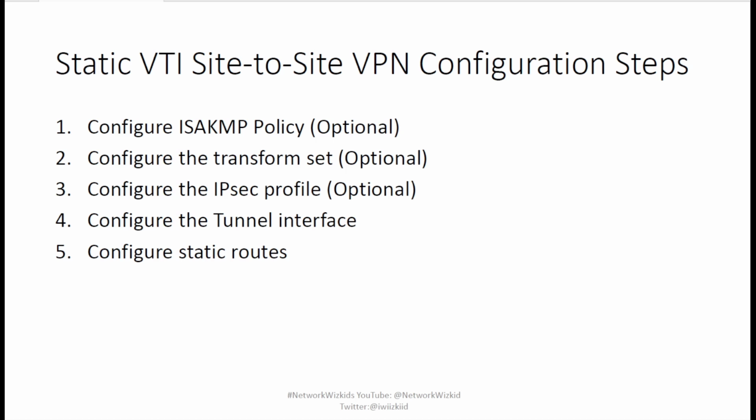So we start off with either configuring the ISAKMP policies, which, as I say again, are optional. So you don't have to configure them unless you've got specific policies that you want to create. We then go on to configuring the transform set, and again, that's optional, as well as the IPsec profile that can be configured. And then we configure the tunnel interface that makes up that virtual tunnel interface.